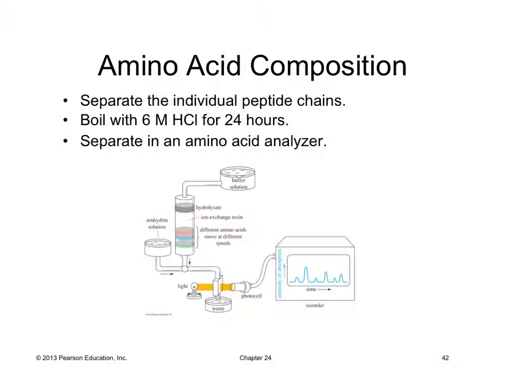So in terms of amino acid composition, you can use what is called an amino acid analyzer, in which you take your peptide chains and react them with 6 molar HCl for 24 hours. That will cleave all the amide bonds so that they're all free amino acids, and then you can separate the amino acids in an amino acid analyzer, which will monitor the intensity of the absorption as a function of time.